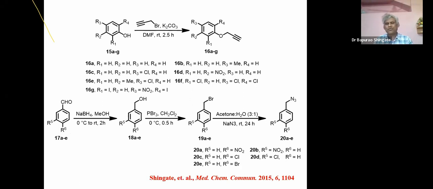Now see, we have 7 terminal alkynes and 5 benzyl azides, which means we can make 35 different 1,4-disubstituted 1,2,3-triazoles by using the click chemistry approach.